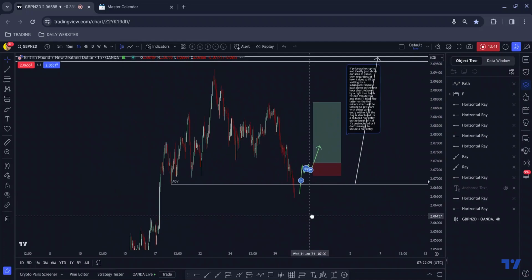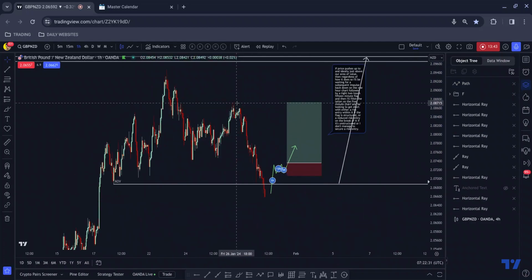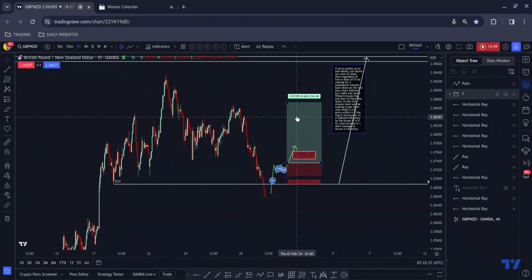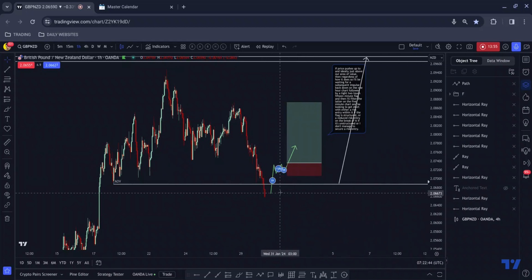Then I'll be able to manage it up to this high as a first target, or even just to here. But here is a solid first target for something in the region of 4 to 5%. So I'm going to just let this do its thing. If it just drops out, then I'm happy to leave this alone. And if we do break back into the area of value, then I'll be looking for these entries that are forecasted.